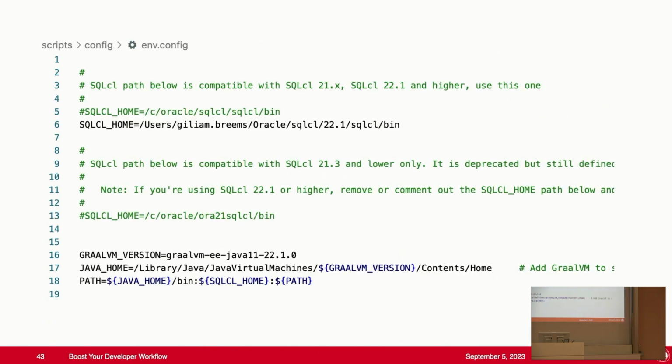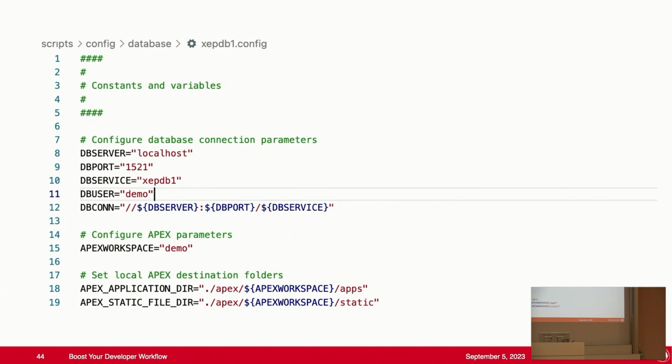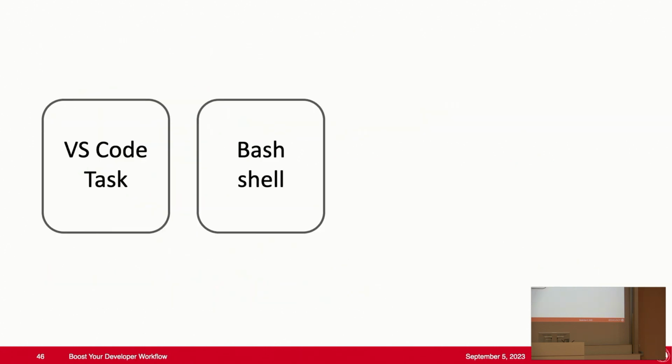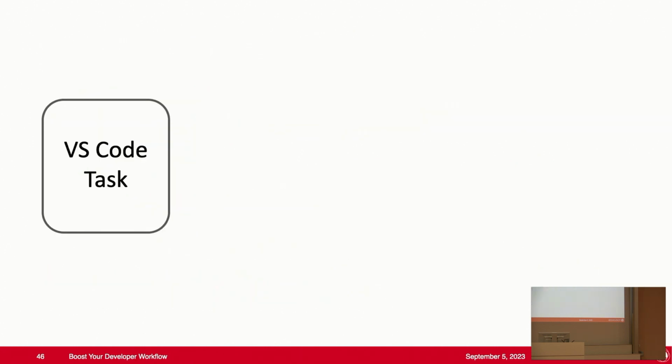Because these are some scripts, I will come back to that later on. This is what I wanted to show. We need a Visual Studio Code task, the task I executed, right? I said, give me the list of tasks I created, and you need to configure this.